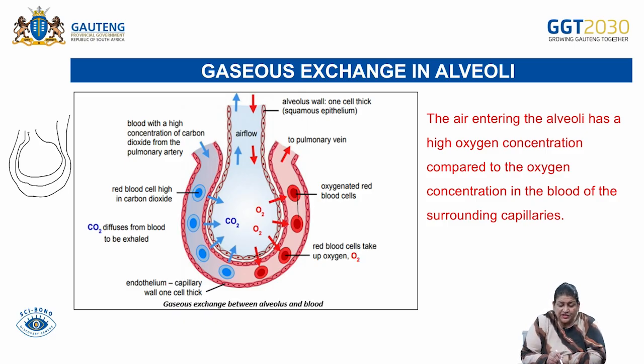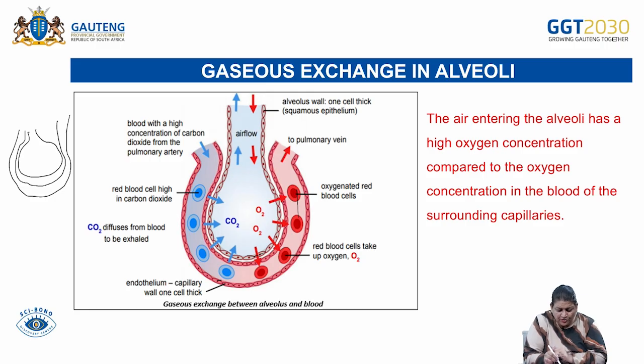And this alveolus, remember we spoke about last week, must have 5 requirements that satisfy gaseous exchange. One, the wall of the alveolus is very, very thin, so that oxygen can move rapidly from the alveolus into the red blood cells. And the CO2 can move from the cells, from the plasma in the blood capillary, to your alveolus to be exhaled.